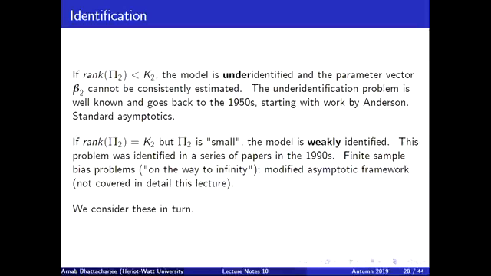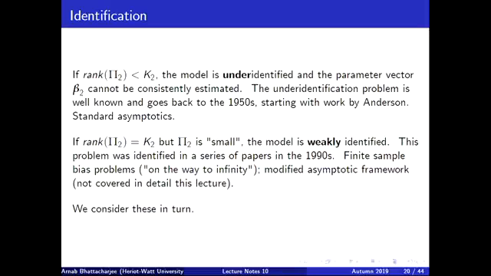So it may be full rank, but the information content is so tiny that we have to accumulate an enormous amount of data to get something meaningful out of it. That is the problem of weak identification, which was identified in a series of papers in the 1990s.